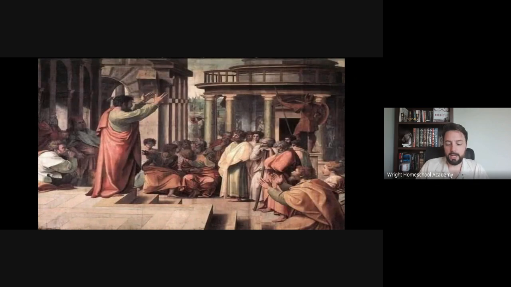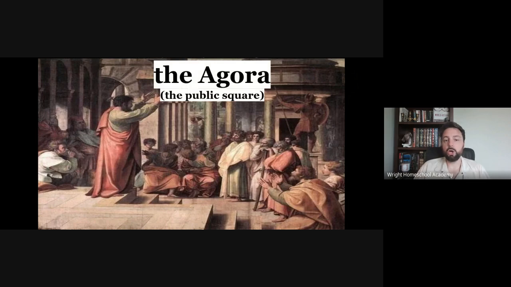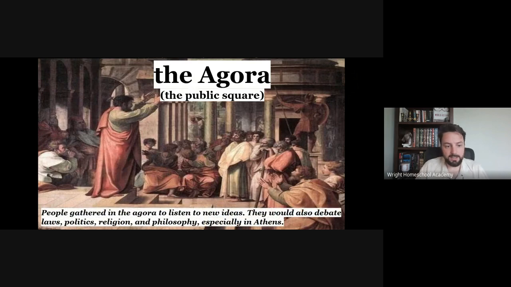All right. Also about Greek cultural life is the agora. The agora is the public square where people would go to exchange ideas, debating laws, politics, religion, philosophy, especially in Athens. Each city-state in ancient Greece, or each polis, had its own agora, the central square where there would often be market stalls set up and people would go and discuss amongst themselves.